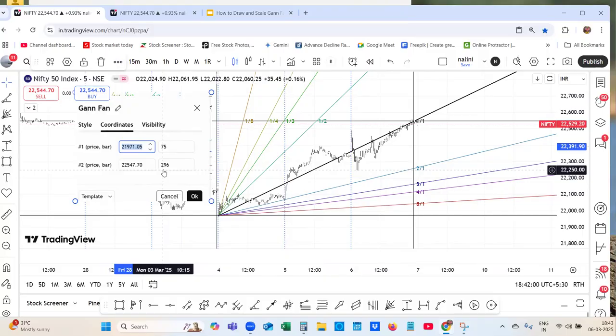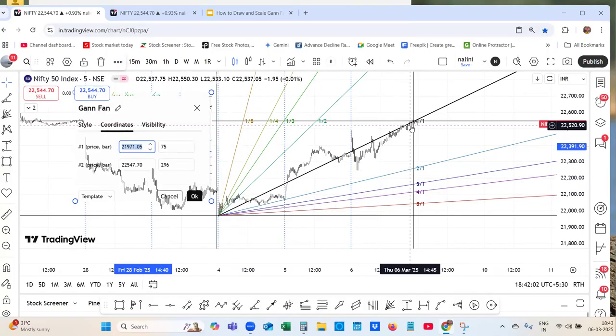The other one, 22,547, is coordinating with the 296 bars. What you need to do is minus 296 bar, 296 minus 75. So you will get a value.